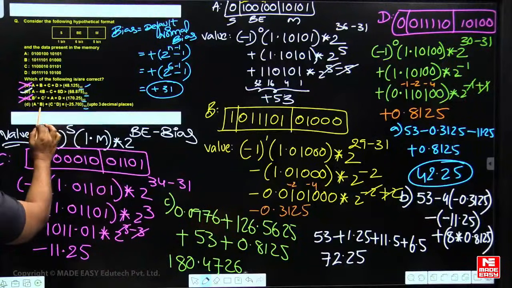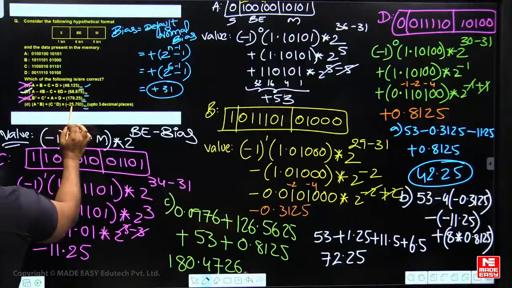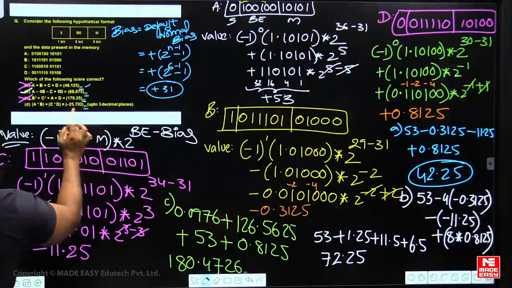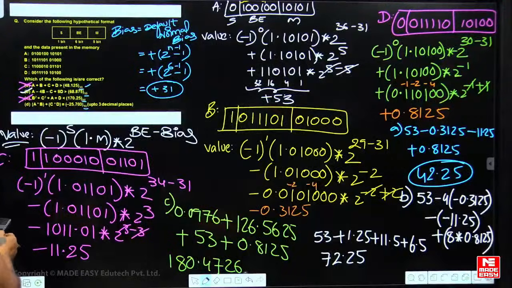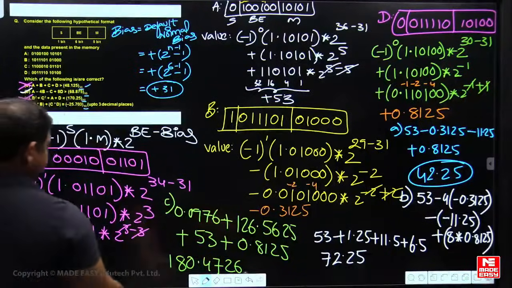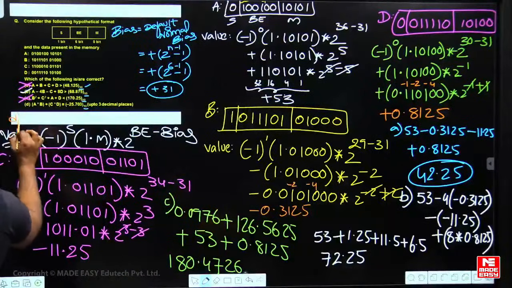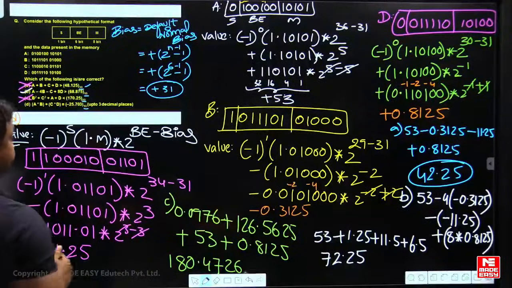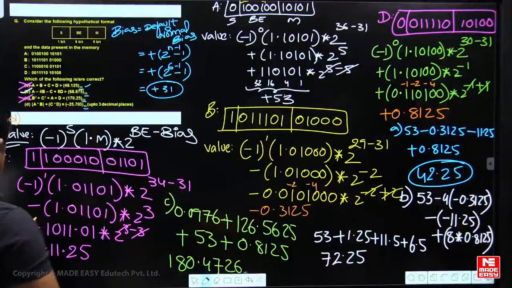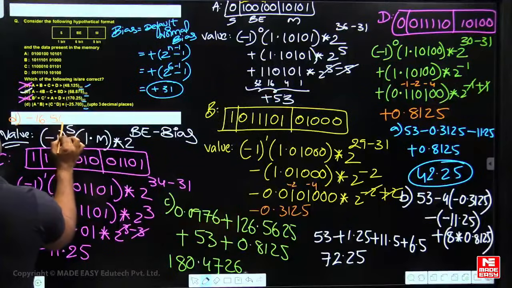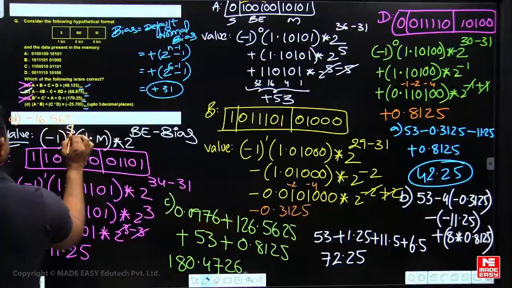Then A into B plus C into D is equal to minus 25.703 up to 3 decimal places. The decision is up to 3 decimal places. Now for the option, A into B is 53 into minus 0.3125, which is minus 16.5625.